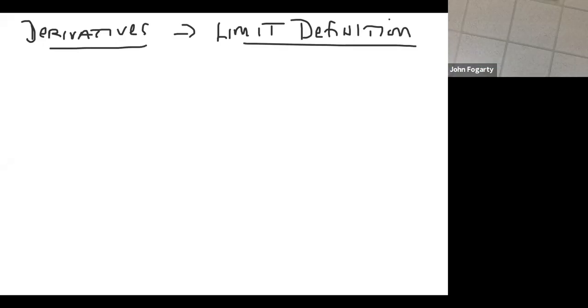All righty. So now remember what a derivative is. A derivative is simply the instantaneous slope at a point on a function. So for example, if f of x equals x squared, we know that that's a parabola.